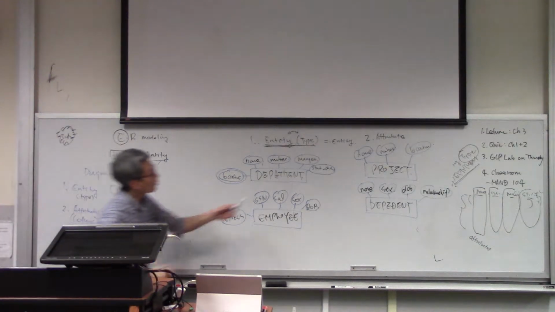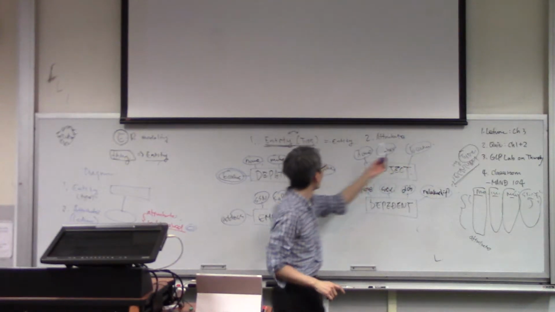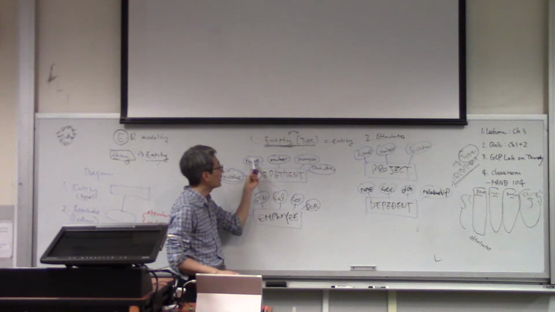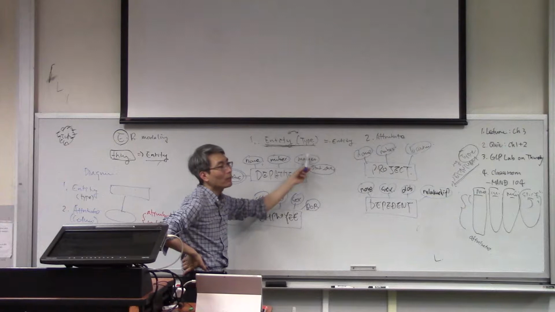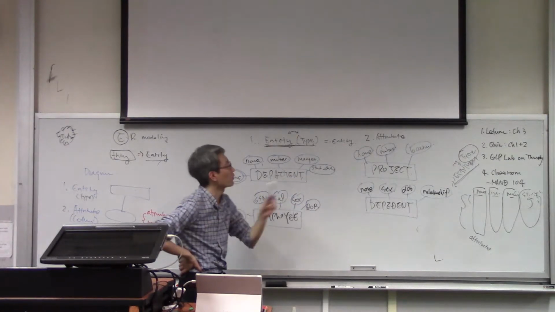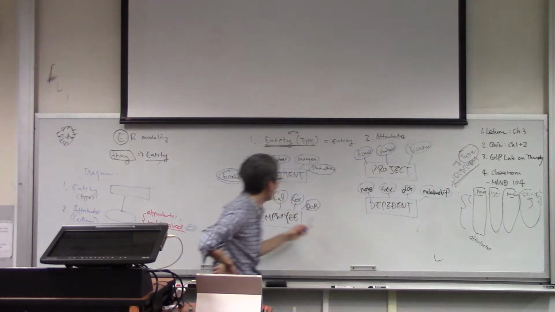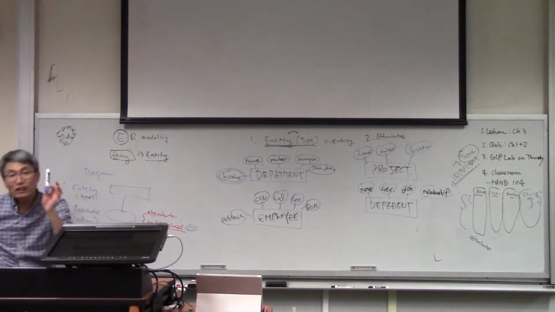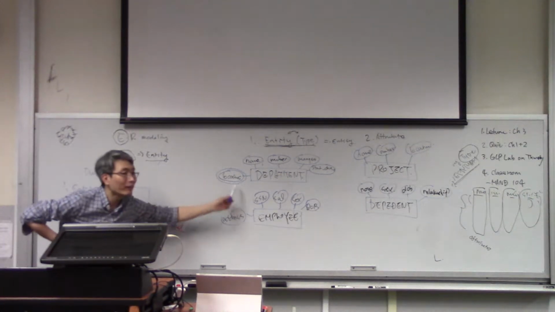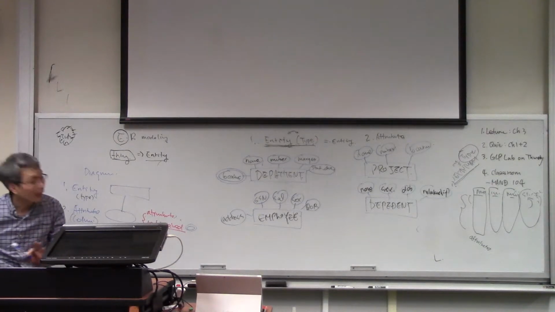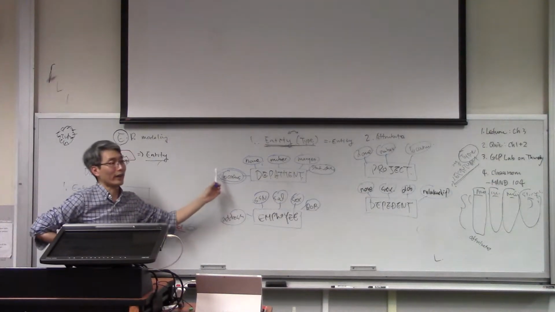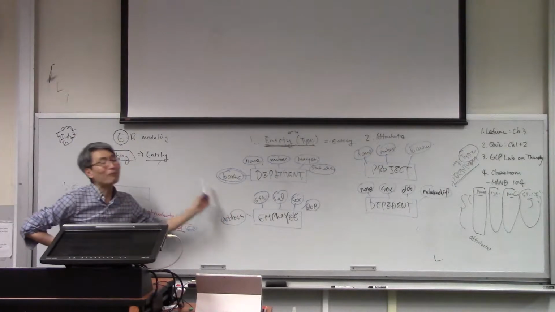But this one is a single value. What about the others? Name, how many names for the department? One. And how many numbers? One. How many managers? A single manager. All the others are single value. But this one clearly mentioned several locations. Later, we will see why we identify the multi-valued one.